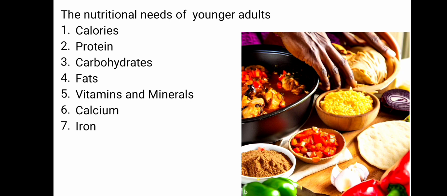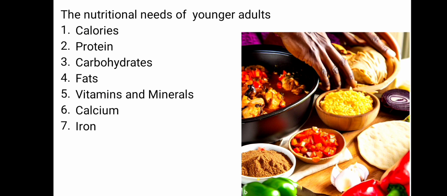Younger adults need fats, healthy fats too. Younger adults need vitamins and minerals. They also need calcium, like 1000 milligrams of calcium per day for both male and female. They need iron, and they need to also be properly hydrated.